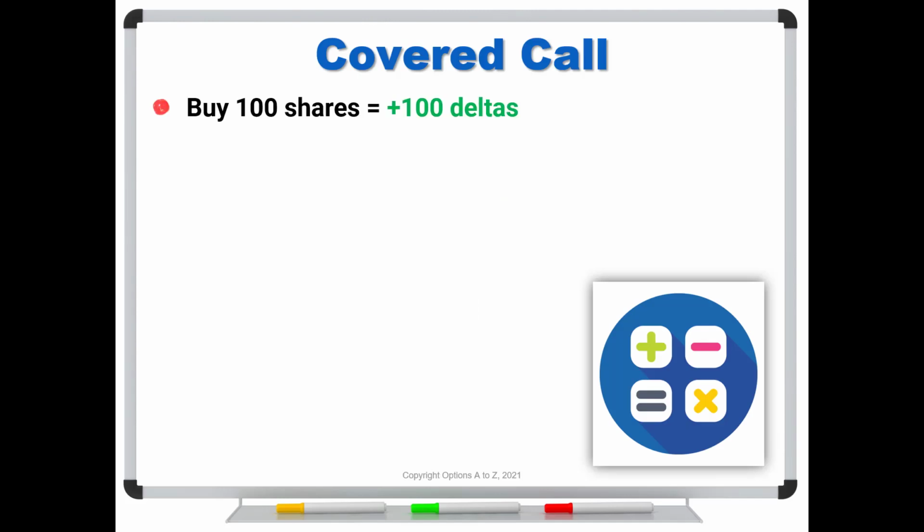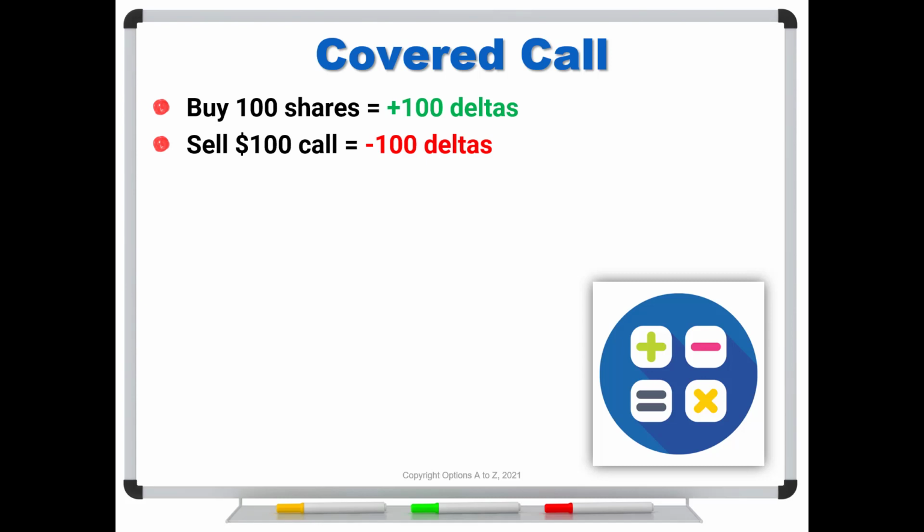If we buy 100 shares of stock, we know that that's 100 deltas, right? Shares of stock always have 100 deltas. It's always gaining and losing dollar for dollar. If you sell off the $100 call, you are also selling off in total 100 deltas at expiration.